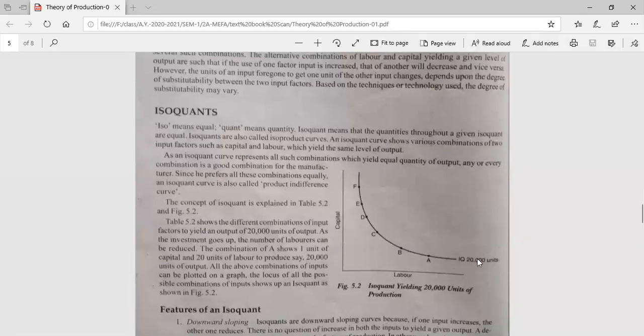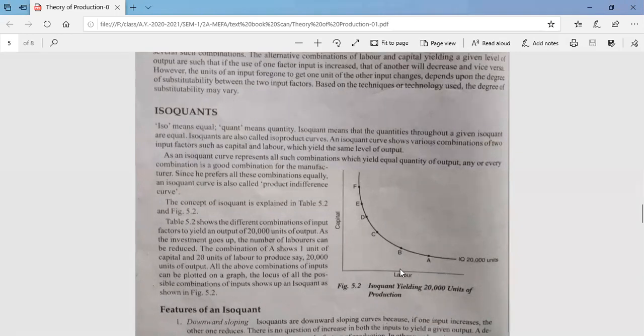My output is constant. For that, I have two variables, that is capital and labor. At point A, you can observe capital is very less, but the amount of labor is very high.